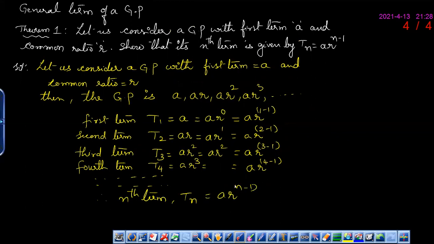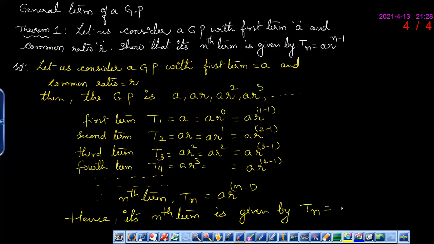Clear? Have we proved it? So hence its nth term is given by Tn is equal to A into R to the power n minus 1. Hence proved.